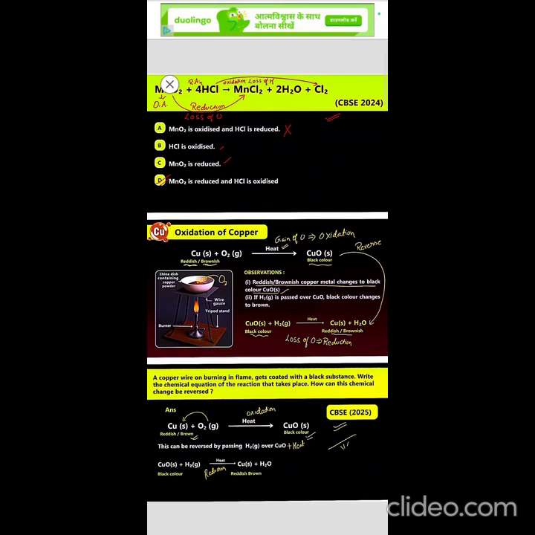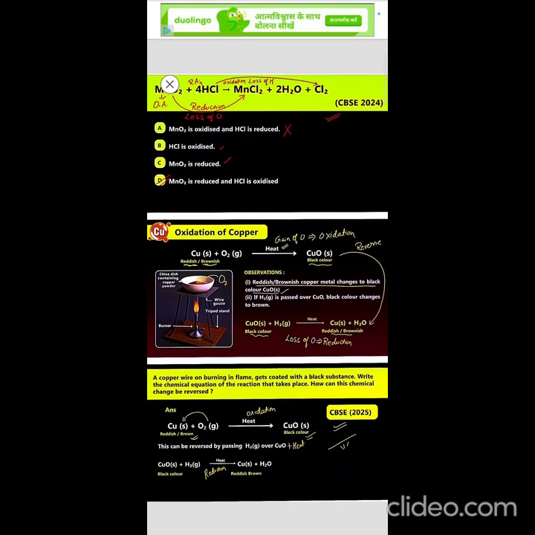We can give another example. CuO plus H2. If we add hydrogen to copper oxide, then what happens? Then it will form Cu plus H2O. In this reaction, from copper oxide to copper, loss of oxygen takes place.